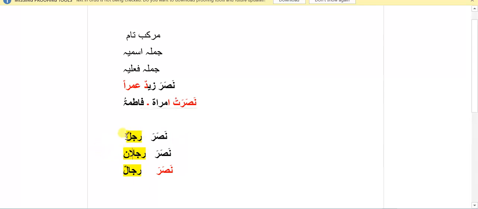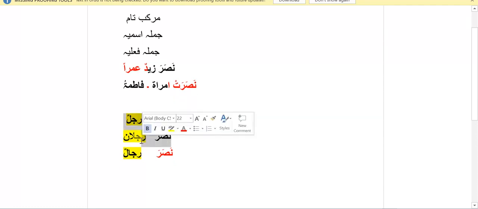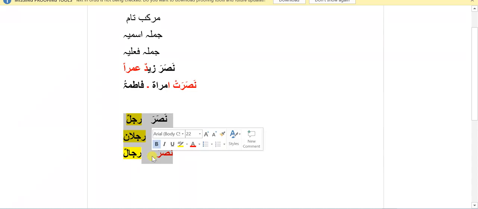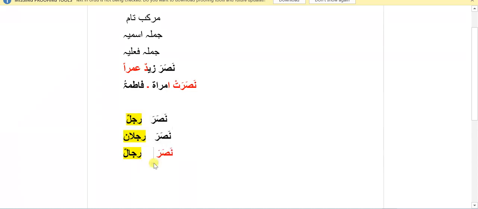Here rajulun is the fa'il of nasara which comes just after the fail. So in the first sentence rajulun is wahid, in the second rajulani is tasniya, and in the third sentence the word is in jama, that is rijalun. But in these three sentences the fail is wahid, because whenever the fa'il comes just after the fail, it will always be wahid.